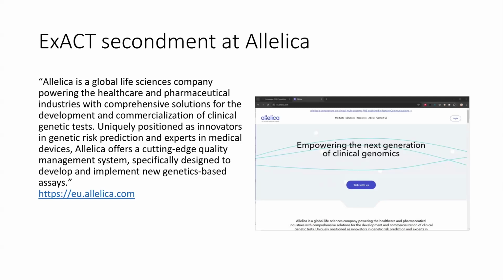So that's where this company is aiming for. And the secondment I did was a technical one, actually, comparing PRS methods and trying to find out ways of how to communicate those.